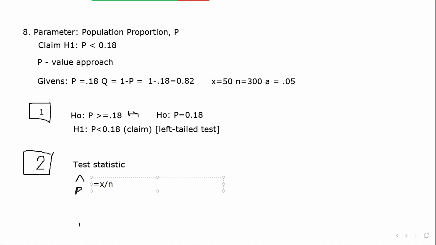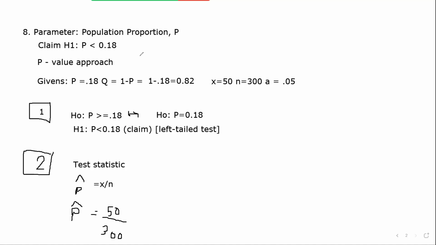So p hat is equal to 50 over 300. Go ahead and compute that for me, and then we're going to take that decimal and use it in our formula. The p hat we only use one time.